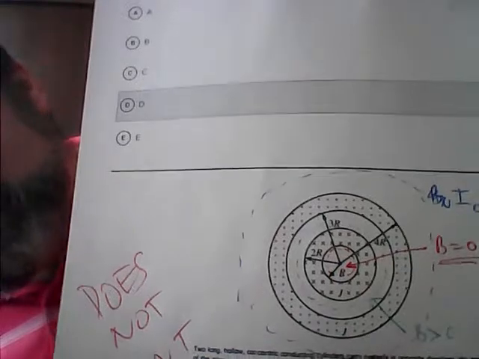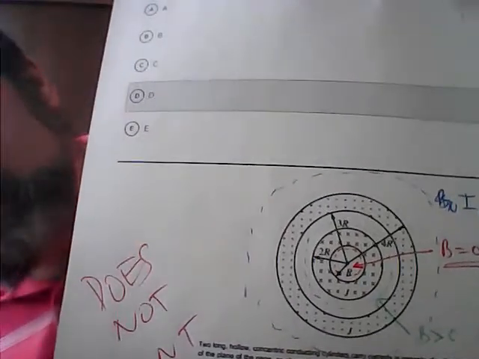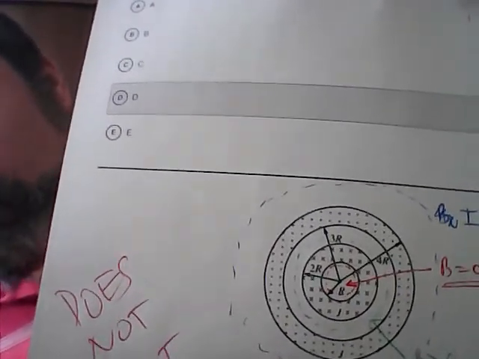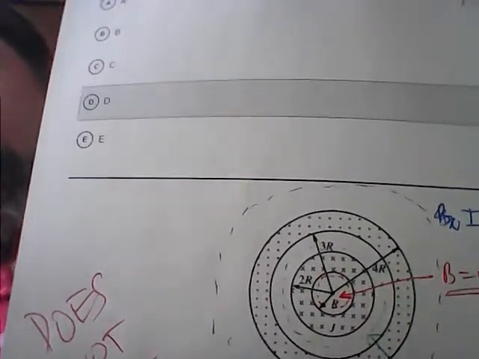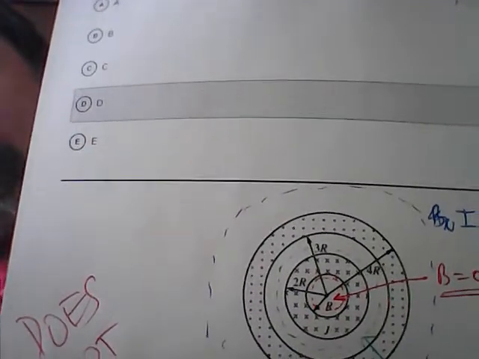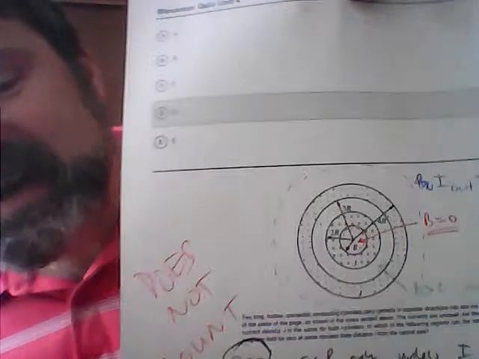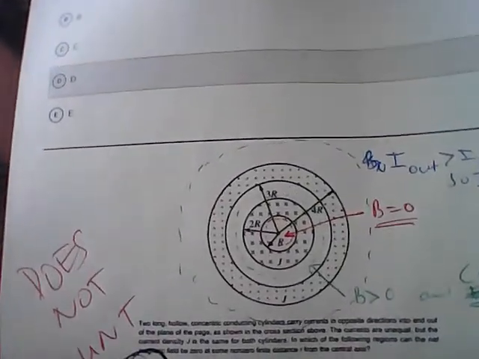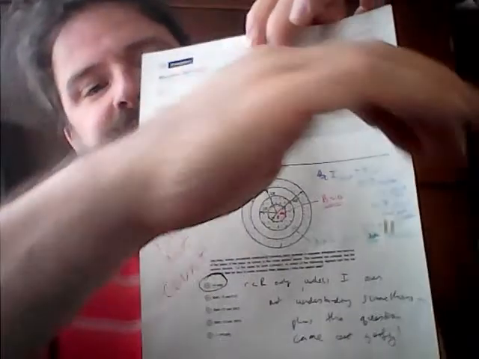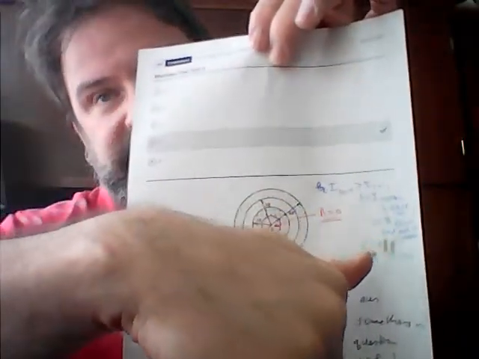So in the red loop, inside that we have no current, so the magnetic field is 0 everywhere for small r, up to big R. Between R and 3R, we have inside that location a current into the paper, and therefore the magnetic field will be clockwise.